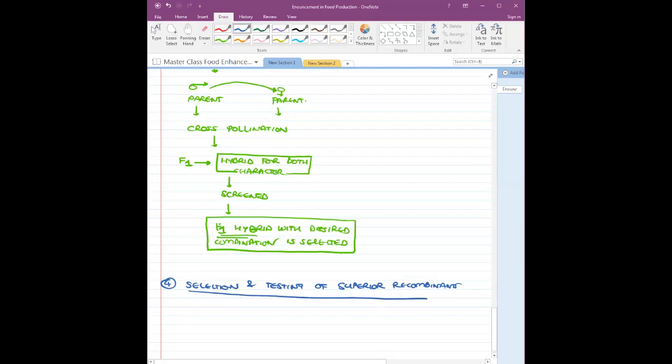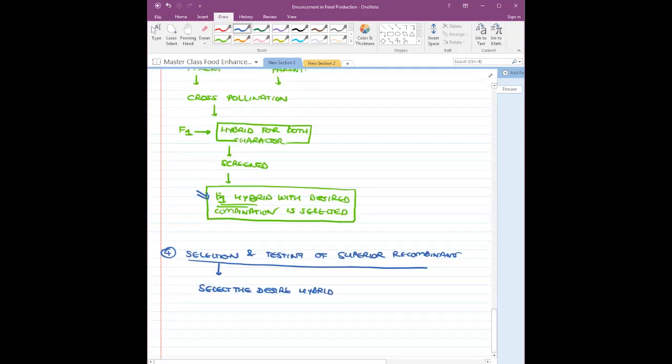Once again, we have got the superior ones out over here. Say we had selected this hybrid, right? But we need to know whether this is going to be pure or no. So now what? We have selected the desired hybrid, and then how are you going to know whether this is going to be pure, whether this is impure?